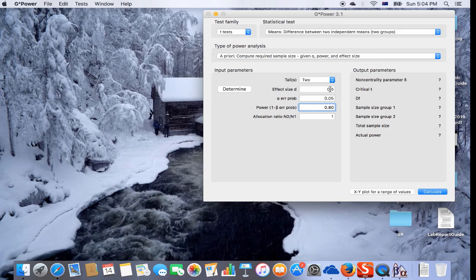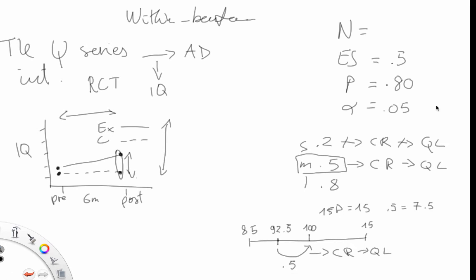So as I said, we have our effect size of 0.5, which was the difference of 7.5 points, power at 80, alpha at 5, and our allocation ratio is 1:1. And so now we have 128 participants, 64 per group.